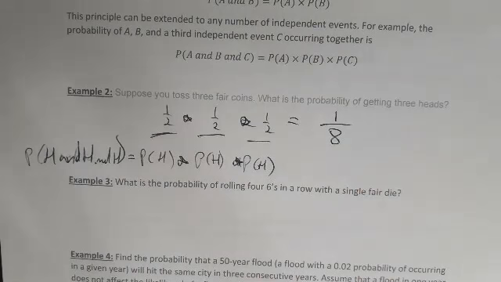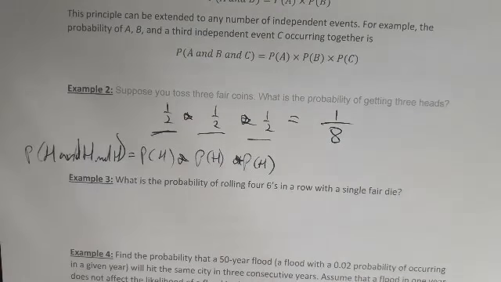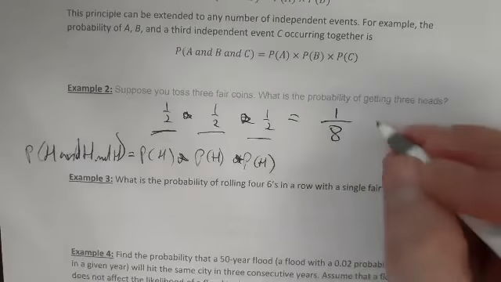And so if we go back to 7a, we had those 8 different possibilities when we're flipping 3 coins. There was one of them that was heads, heads, heads. There's only one way to get 3 heads. It was 1 out of the 8 possibilities.